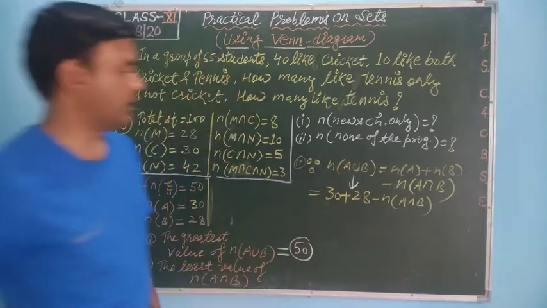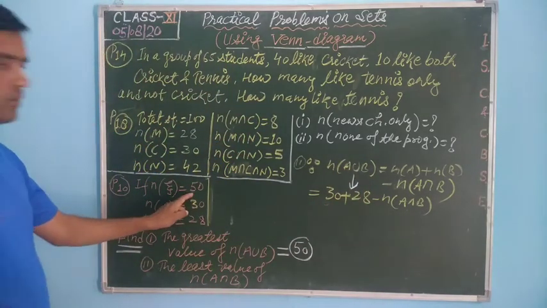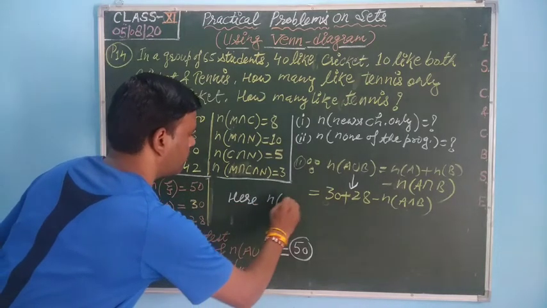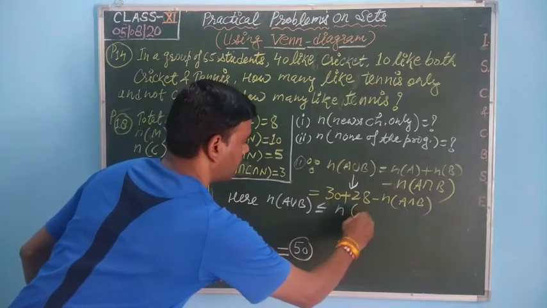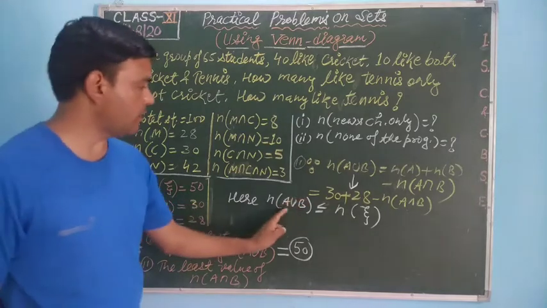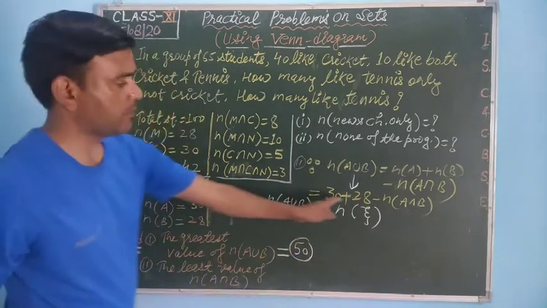This is nothing but n(A union B), and you know that n(A union B) is always less than or equal to n(U), which is 50. Using this concept, since this is the value of n(A union B), you can put this value in its place.